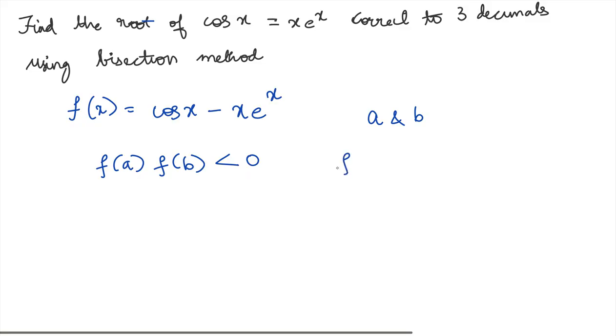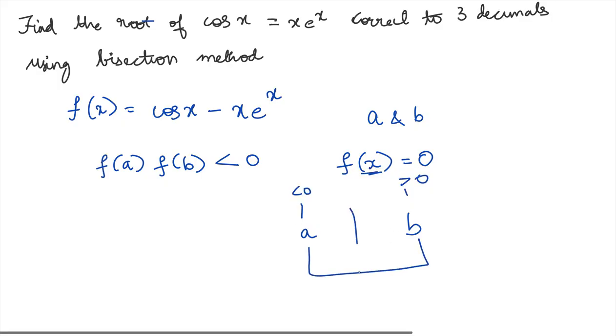If at all you know a number, let's say x, when you substitute the x, if it is giving us 0, what does this mean? This means that x is a root, right? But we will find out two numbers a and b where one gives us less than 0, the other gives us greater than 0. That means we are aware that the root lies between a and b.